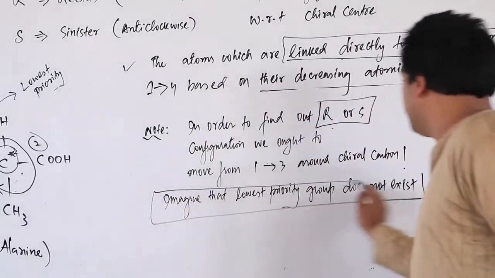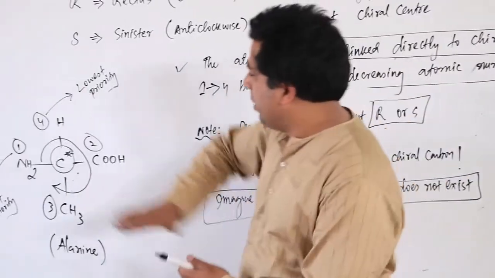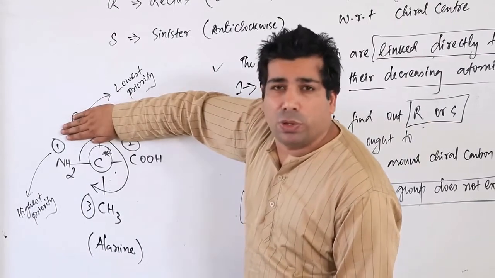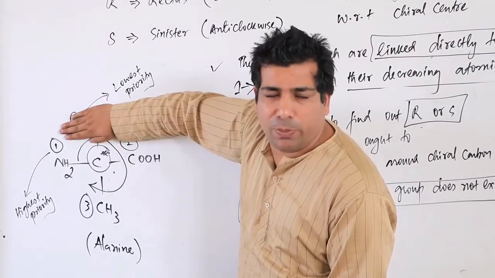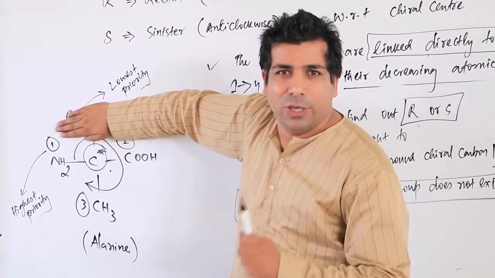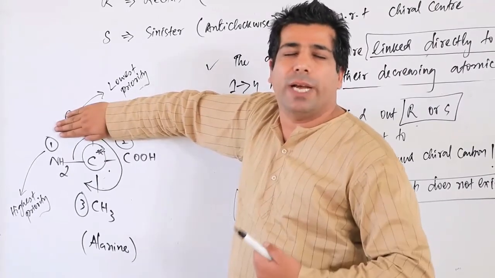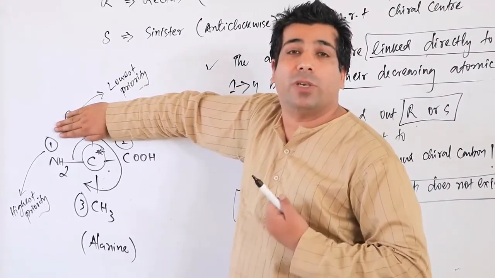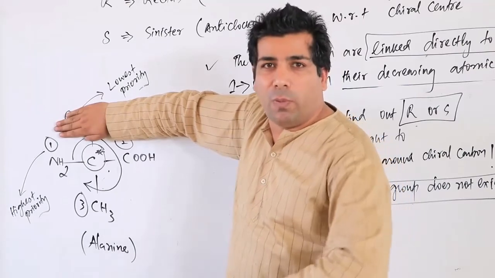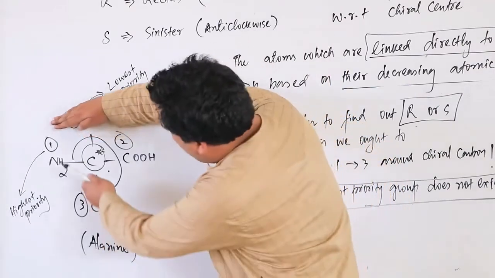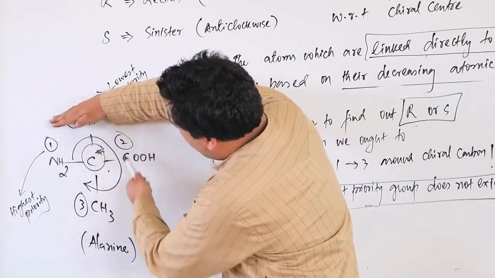So my dear friends, you have to imagine that this fourth group, which is the lowest priority group, does not exist. So when you close your eyes and imagine that this fourth group does not exist, then you move from 1 to 3. So you move from 1, 2, 3.